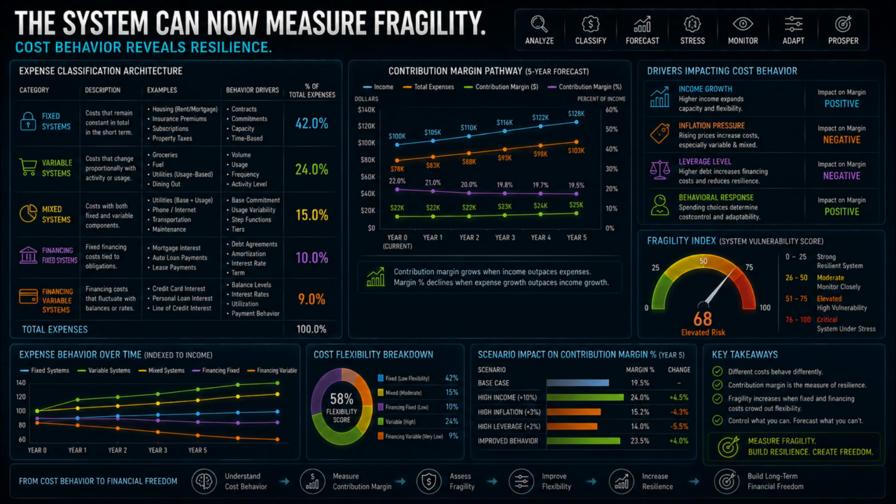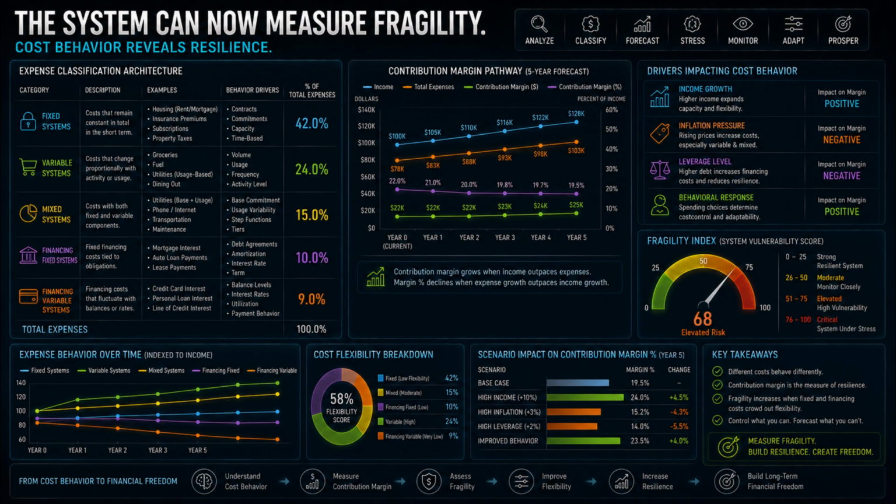Finally, once the forecast is complete, we can derive the contribution income statement because the forecasting system already contains cost behavior classifications. Expenses have already been categorized as variable, fixed, mixed, financing fixed, and financing variable.